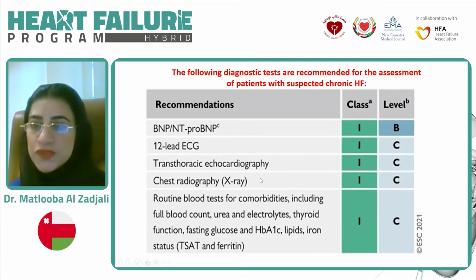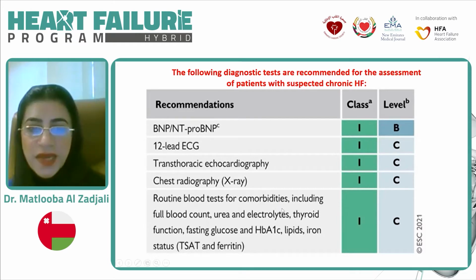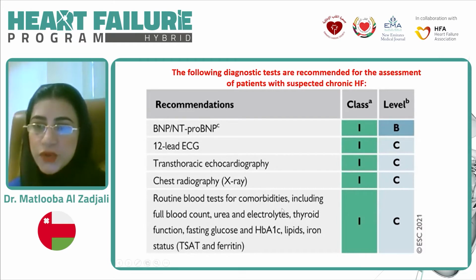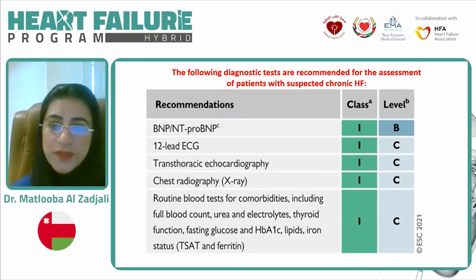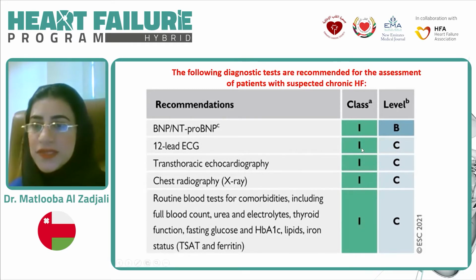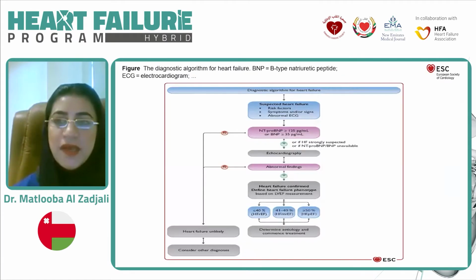Chest X-ray is important as well to rule out pulmonary edema, and there are some routine blood tests, for example, to exclude other comorbidities. You need to conduct full blood count, urea and electrolytes, thyroid function test, lipid profile, glycated hemoglobin. All these are recommended as per the new guideline as a class 1 and level of evidence C.